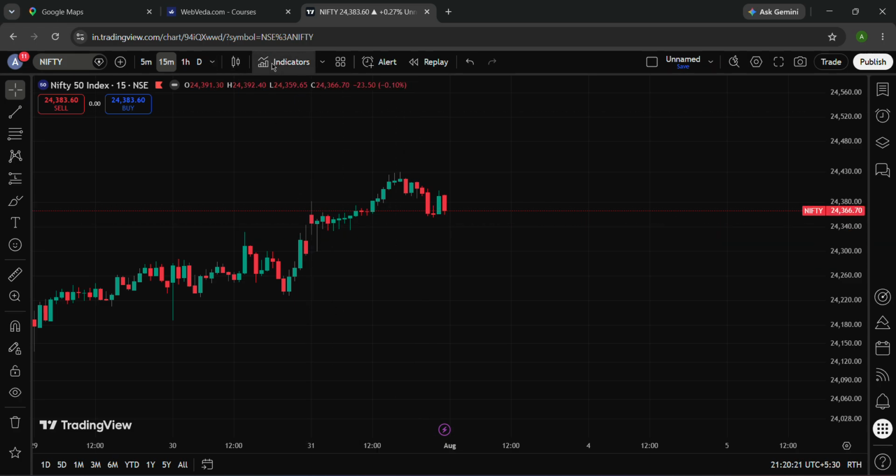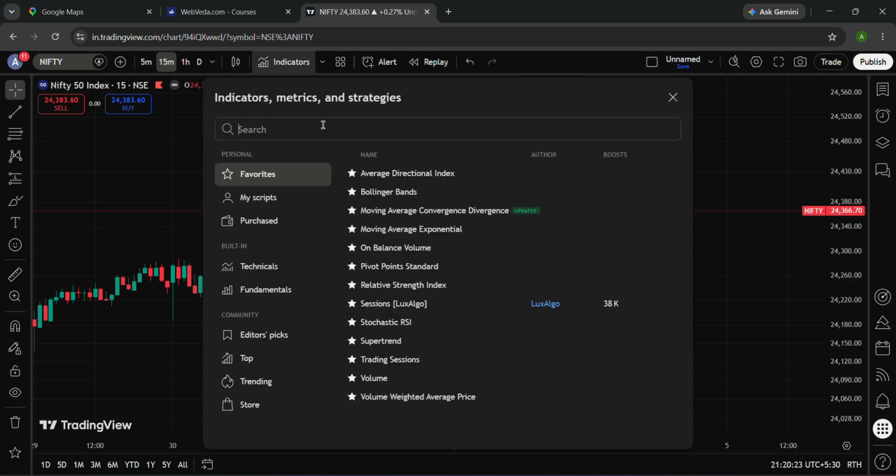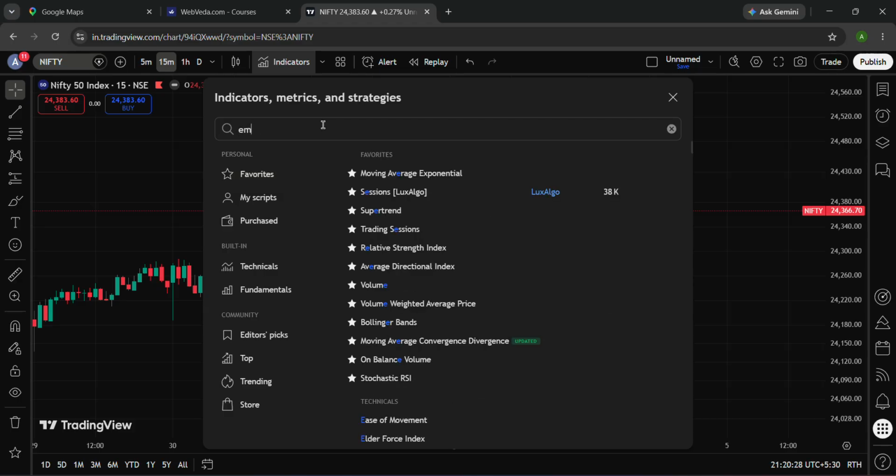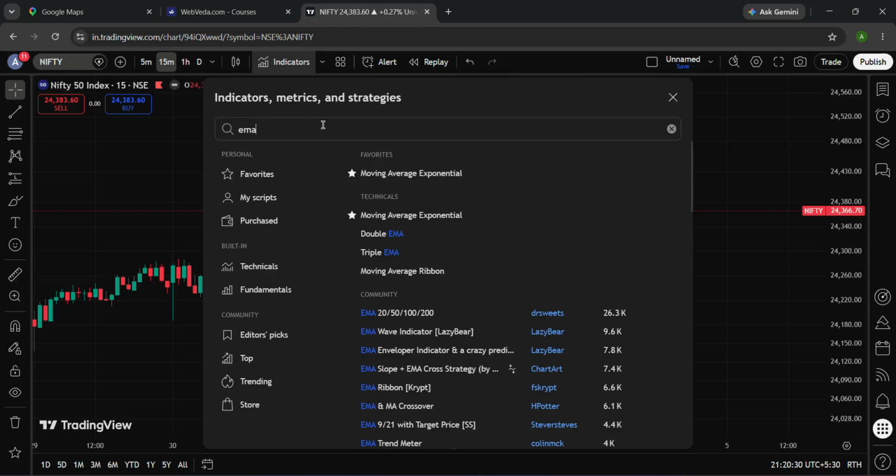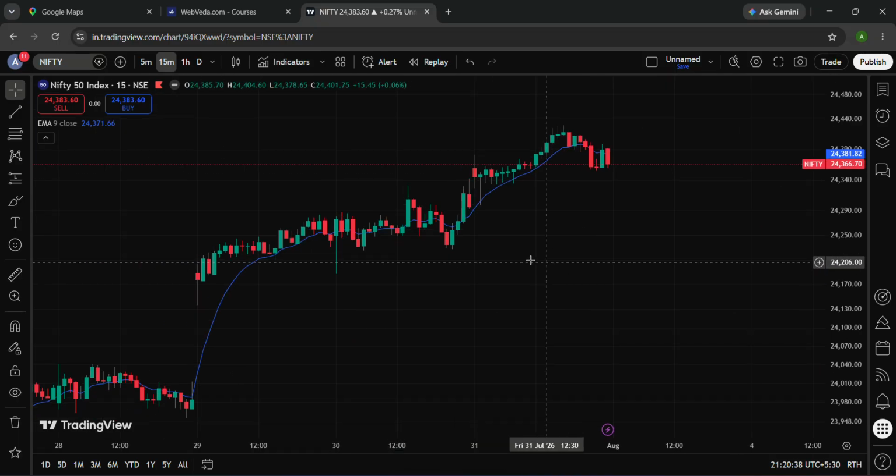If I show you on the charts, you simply go to the indicator section and search for EMA. Here it will pop up as Moving Average Exponential. You simply select it, and by default the EMA 9 close is selected on your chart.